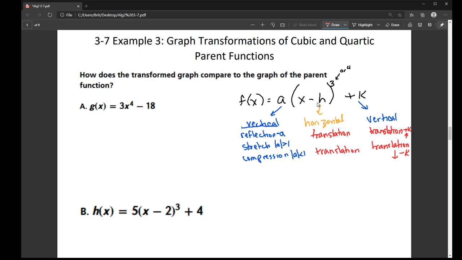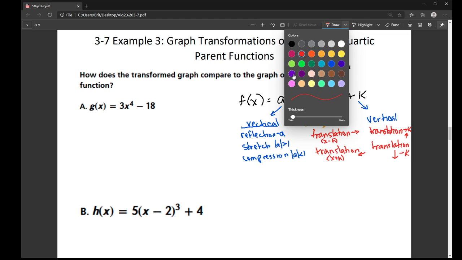But the h feels backwards, okay? And that's because there's a minus in the equation. So if it says x minus h, you're going to go to the right. And if it says x plus h, you're going to go to the left. So just recognize that horizontal change feels a little backwards.